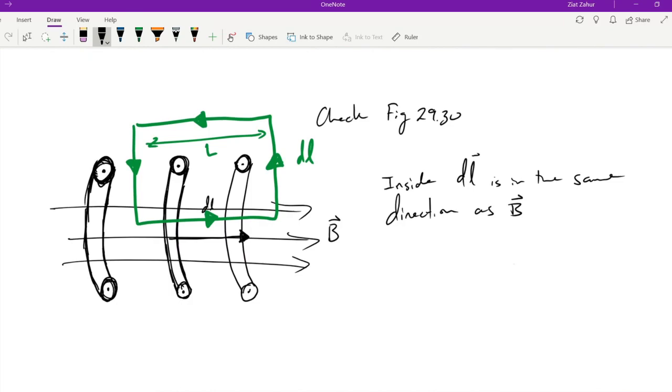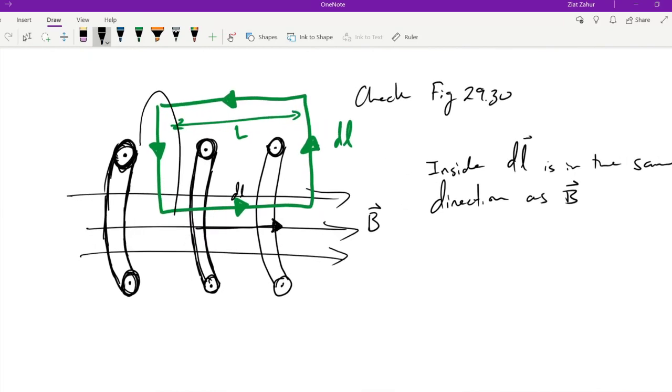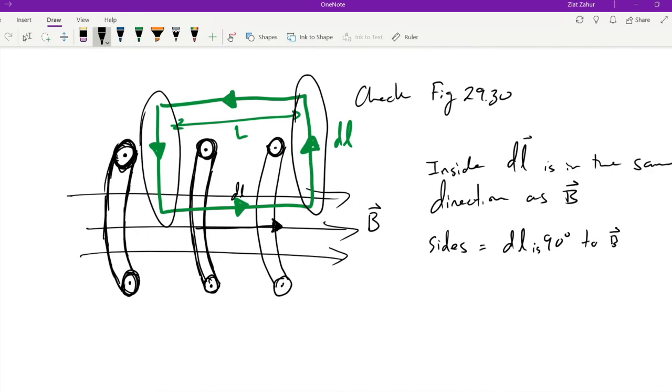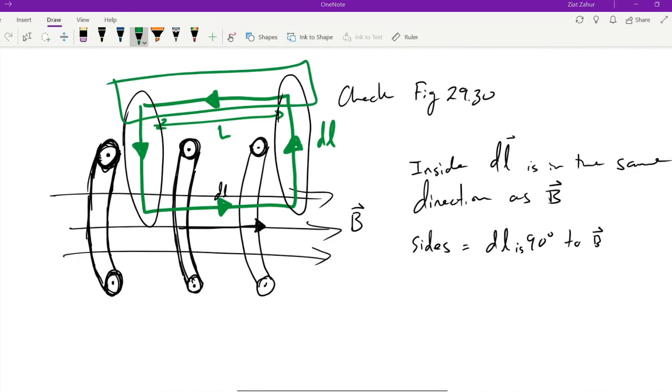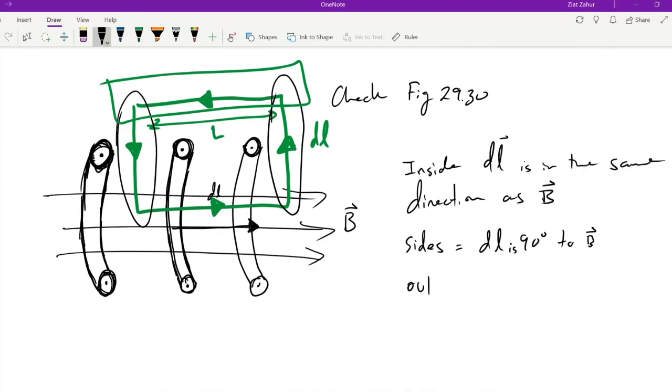Now on the sides here, this one and this one, dL is 90 degrees to B. And finally, on the outside, we hold that the magnetic field is 0 on the outside for ideal solenoids.